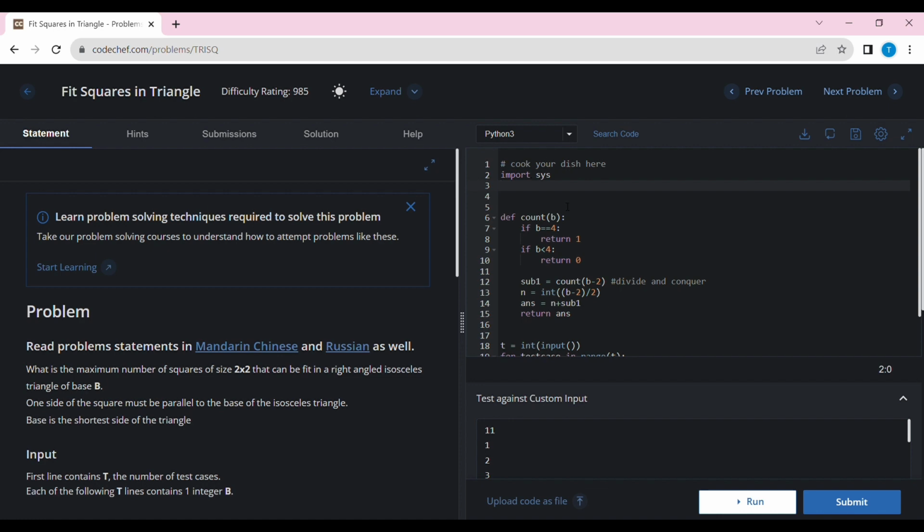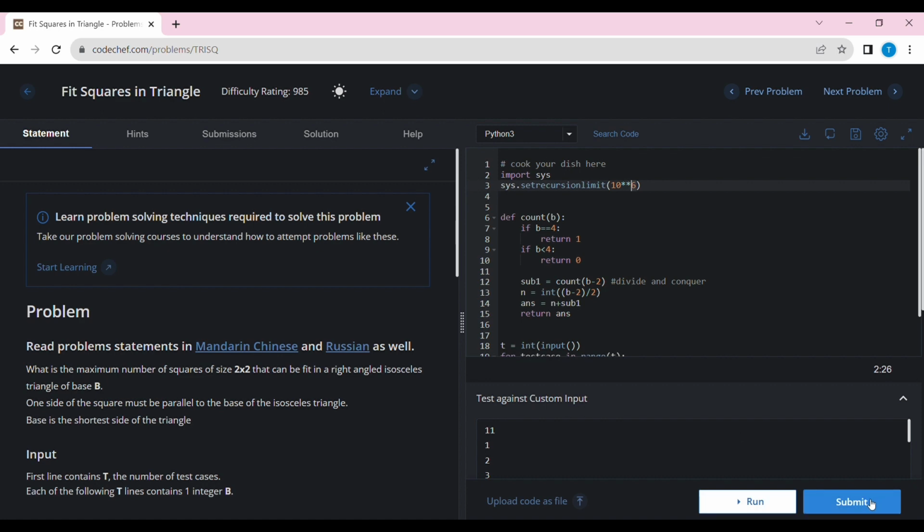So the way to do that in Python is to write these two lines of code. What these two lines of code basically do is they set the recursion limit that is allowed by the system. So if you just set that to a big number like 10 to the power 6 or 10 to the power 7, you should be okay.